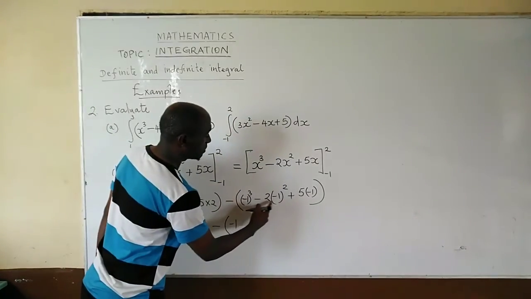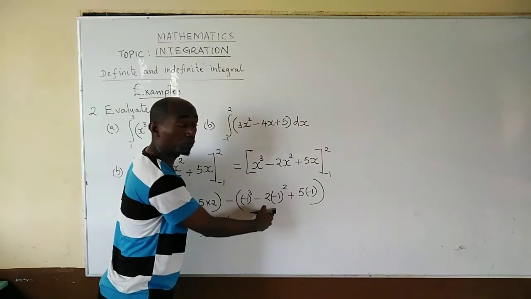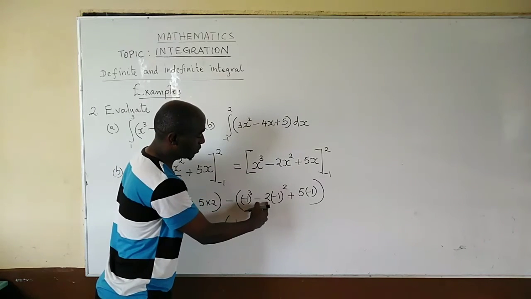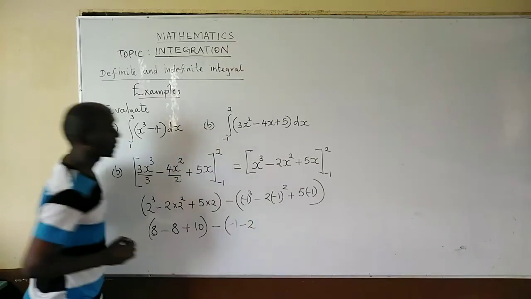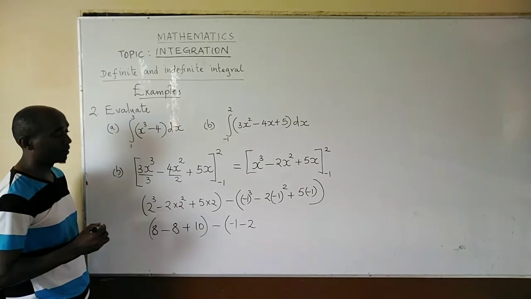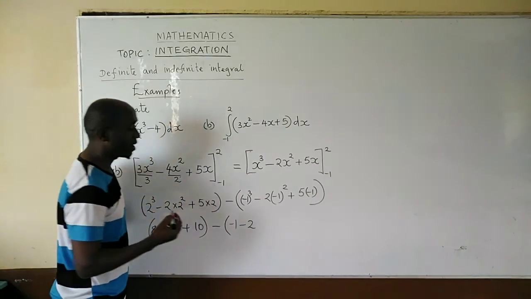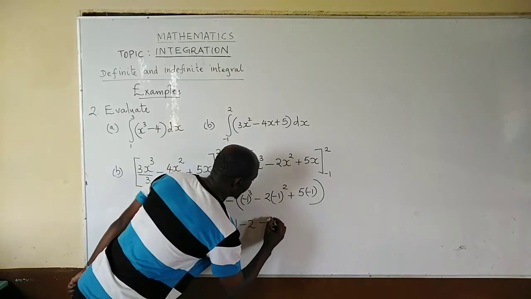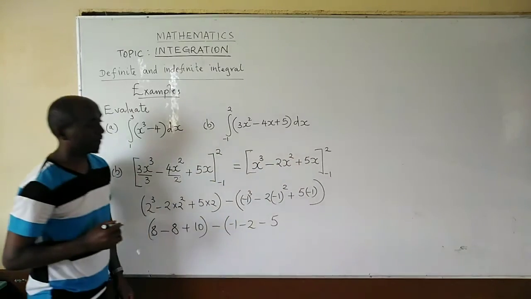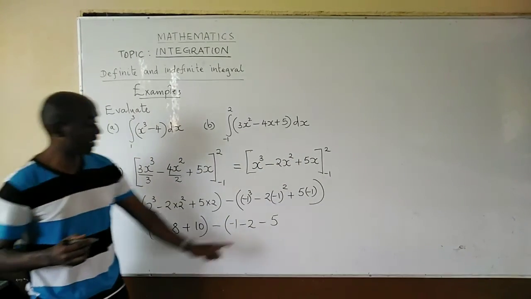Then we have 2 times negative 1 squared. Negative 1 squared is positive 1. Positive 1 times 2 is 2. So we have minus 2. I hope we remember our integers. Minus 5 times negative 1, 5 times negative 1 is negative 5.